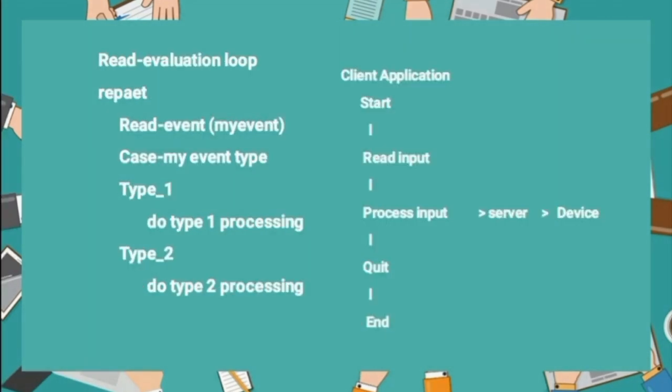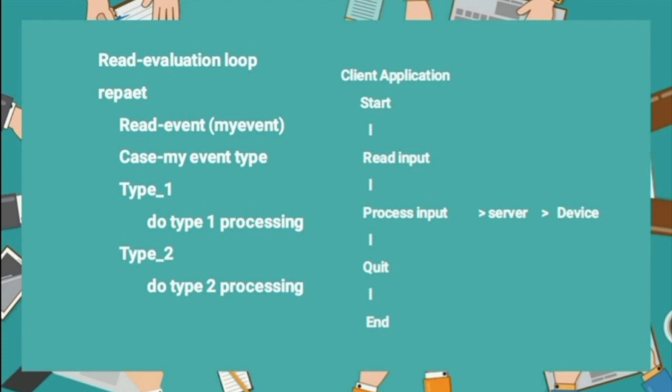Read-evaluation loop. Repeat: read event; case event type: type 1, do type 1 processing; type 2, do type 2 processing. Client application: start, read input, process input, quit, and end.